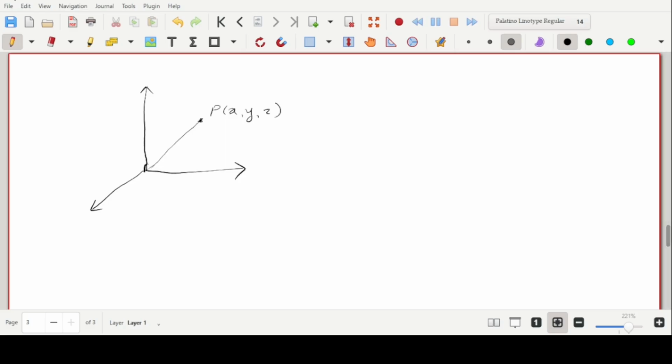Then we drop a perpendicular from P onto the xy plane. This is x, this is y, this is z, and let this foot be Q. Connect this Q with the origin O, and the angle made with the positive x-axis is called theta. Alright, and let this OQ be r now rather than OP.